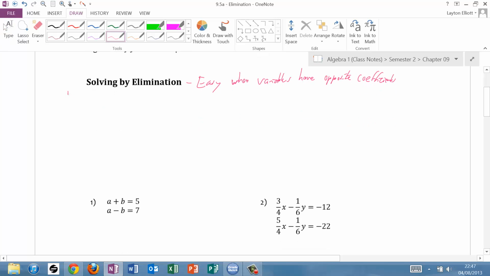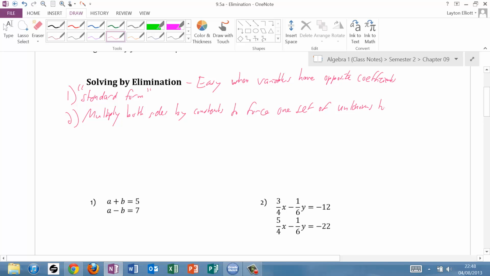Okay, so step one is to make them both look pretty much in standard form. I'm going to put standard form in quotes because it doesn't necessarily need to be perfect standard form. Step two is to multiply both sides of the equation by constants to force one set of unknowns to have opposite coefficients.